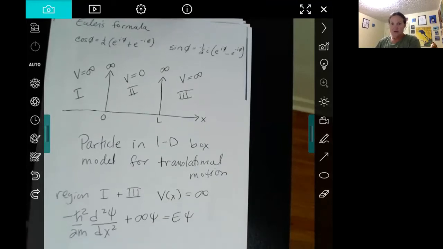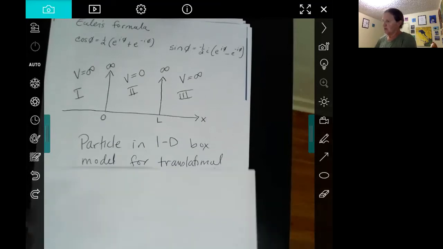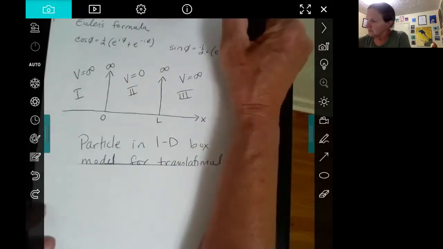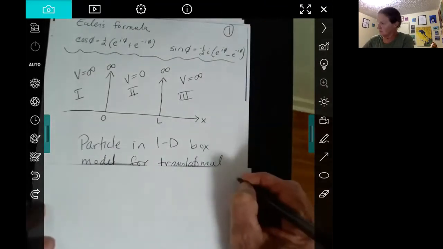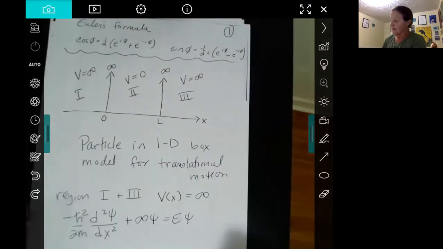So the equation we want to solve when we're in region 1 and 3 looks like this. We're going to need Euler's relationship a little bit later, so it's just there so I get it right.